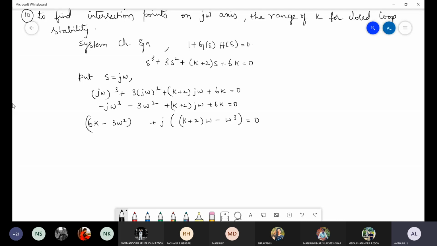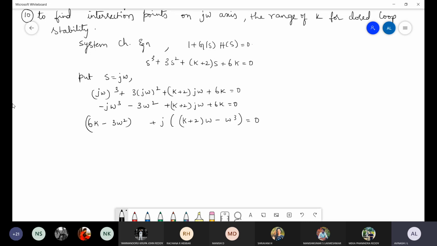So it is in the form of a plus jb equal to 0. In order to get the right-hand side equal to 0, the real term should be equal to 0 and the imaginary term should also be equal to 0.